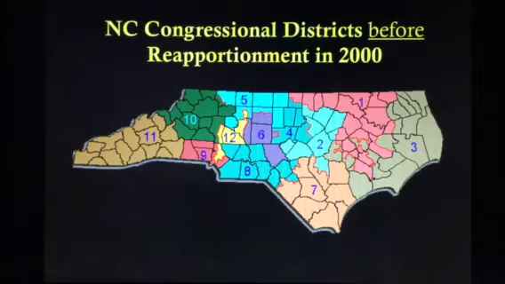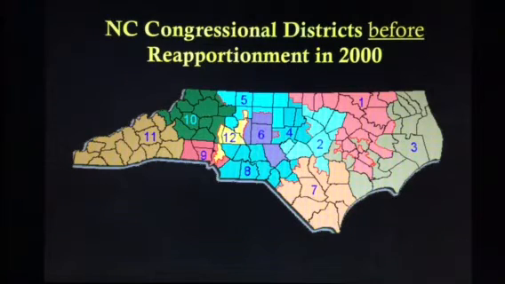Remember, every 10 years we have a count of the population: 1990, 2000, 2010. There'll be another census in 2020. A census is a count of the population. It's really important to understand how many people are living in each state. That determines the number of congressional representation in the House of Representatives that state has.